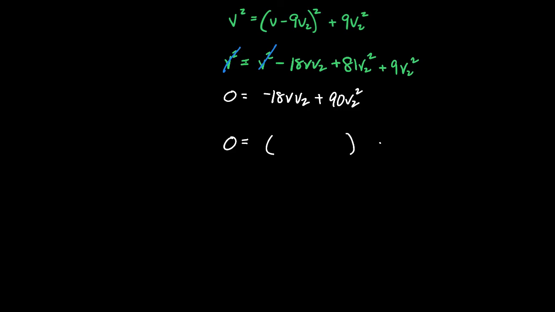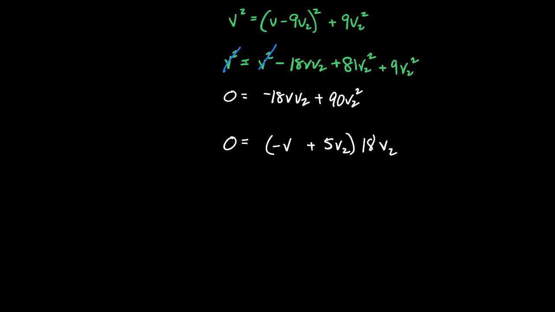I can factor out a V2. I can factor out an 18. And I'll get a negative V plus 5 V2. Is that right? Yeah, that's right. I can still do math.